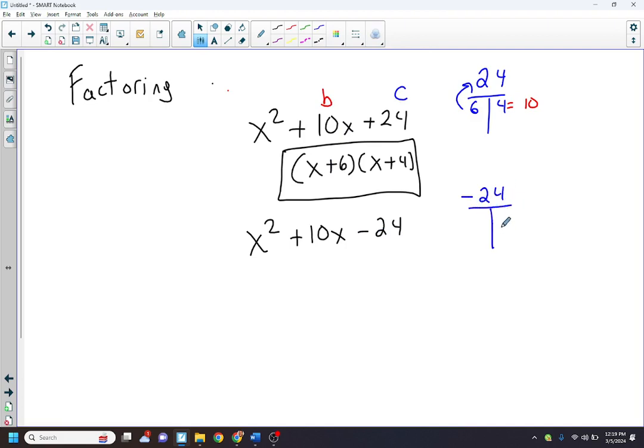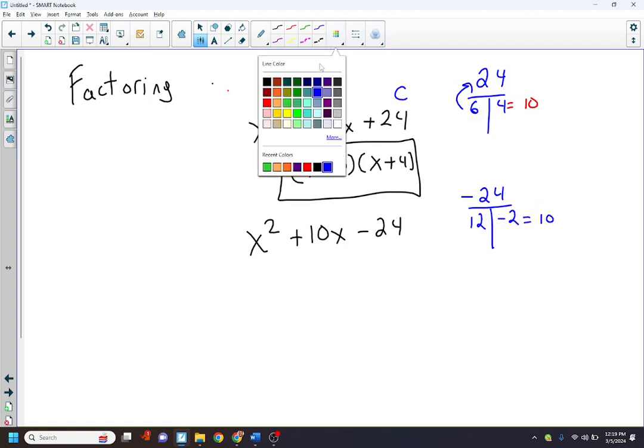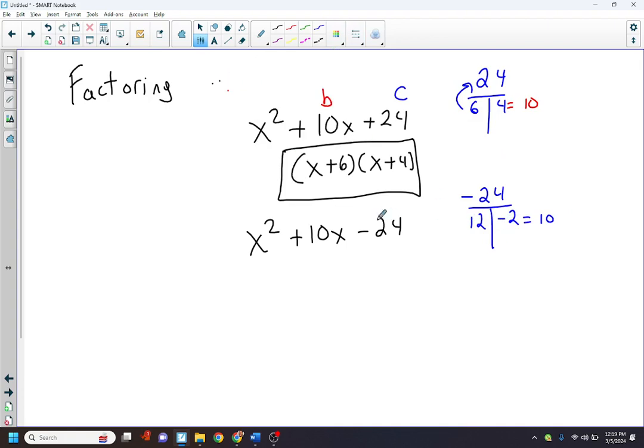So what you need to do is make sure one's positive, one's negative. So this changes the question a bit, where the right answer is 12 and negative 2, because that still adds to 10. So the question quite changed just because of a negative. So in this case, it's going to be x plus 12, x minus 2.